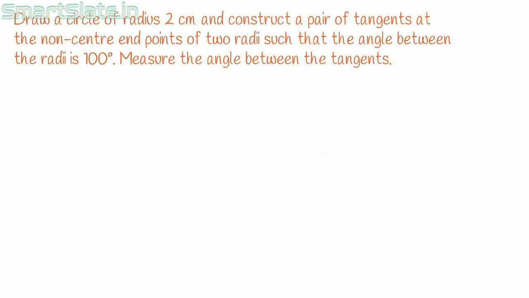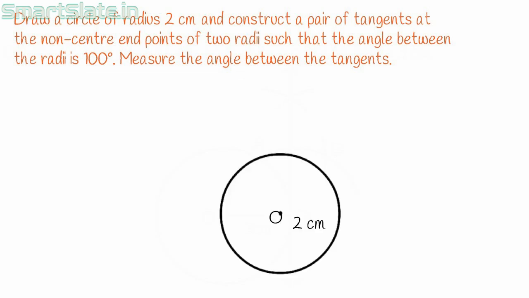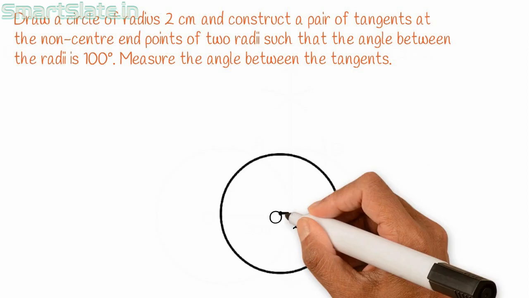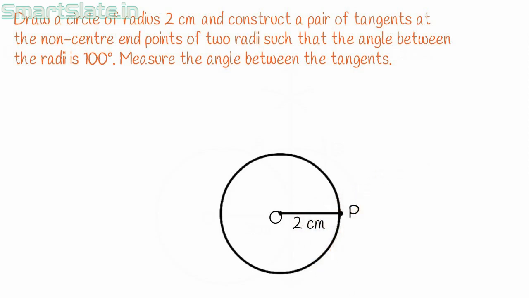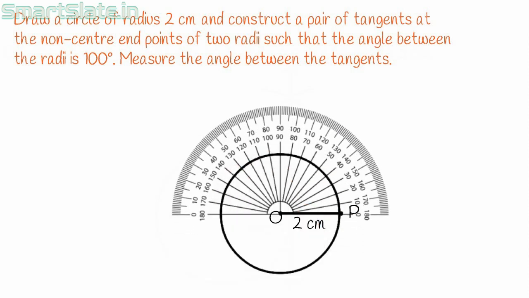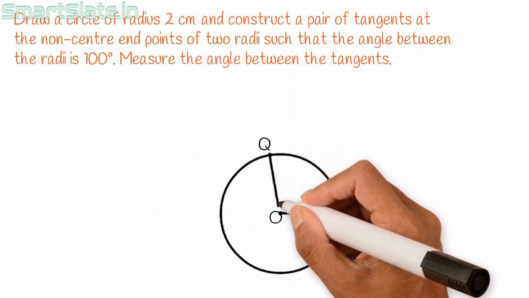So, we begin with a circle which has radius of 2 cm. First, choose a point P. Draw radius OP. Now, measure an angle 100 degrees keeping OP as reference. Mark this as point Q. Connect OQ.